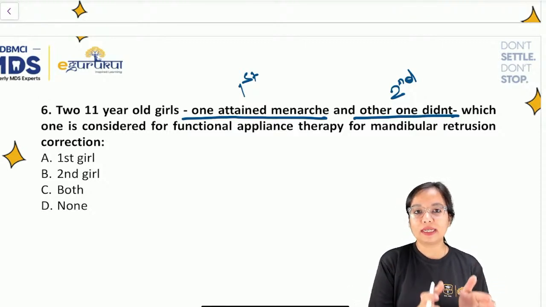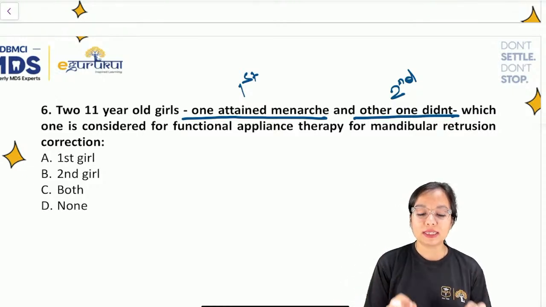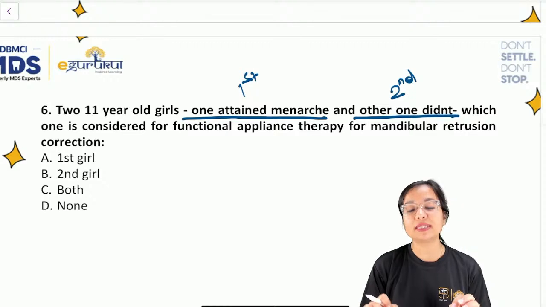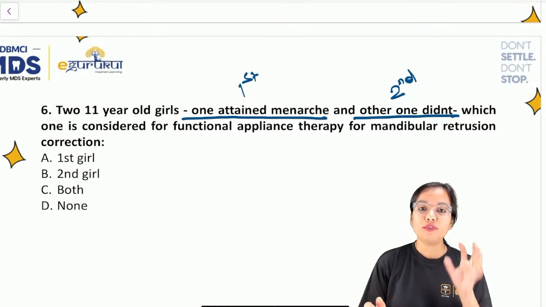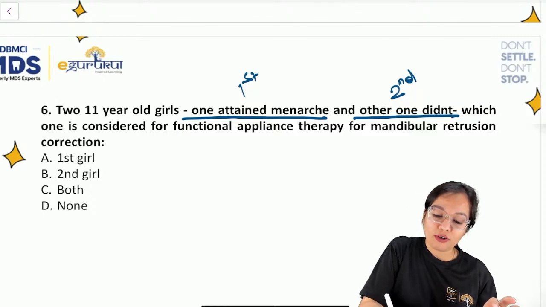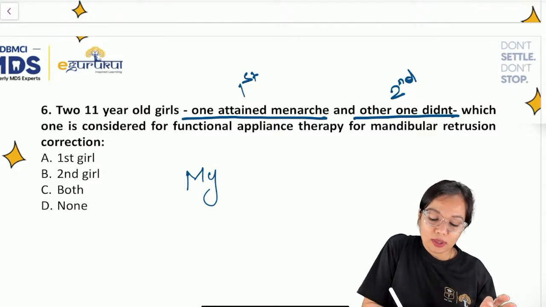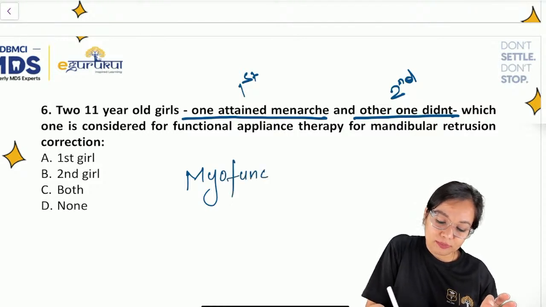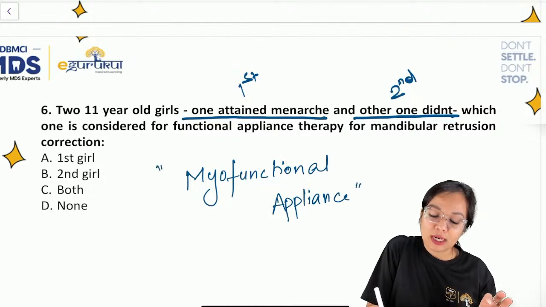Which one is considered for the functional appliance therapy for mandibular retrusion correction? So we are supposed to give a myofunctional appliance to these girls. Which of these will be indicated for a myofunctional appliance?